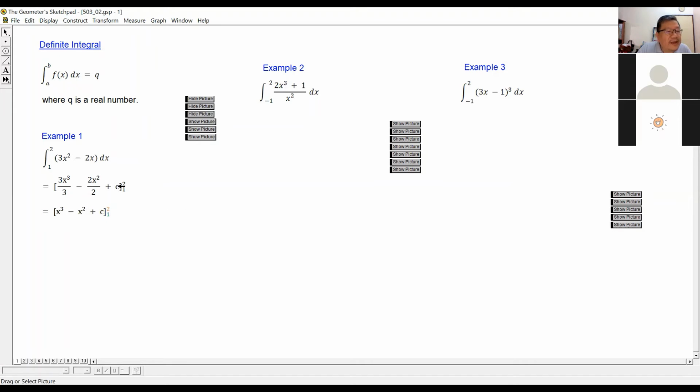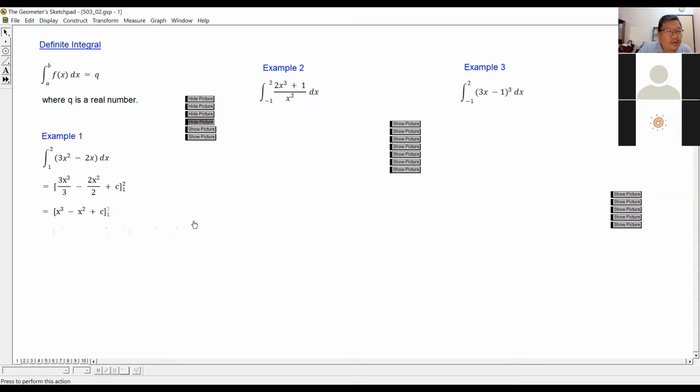So before I substitute in the numbers, I simplify first. 3 cancels with 3, it is x cubed. 2 cancels with 2, only x squared left, and I still put the c there. But actually, you don't have to put the c. But I show you what happens if we put the c there.